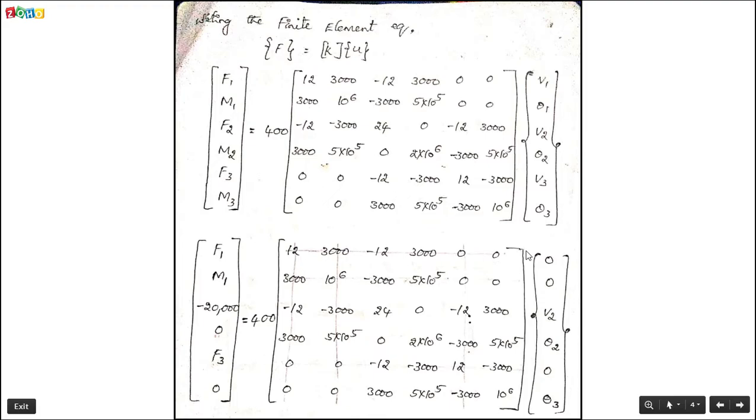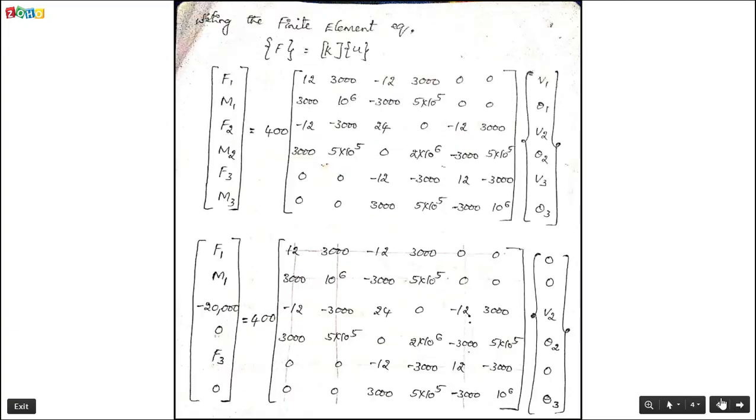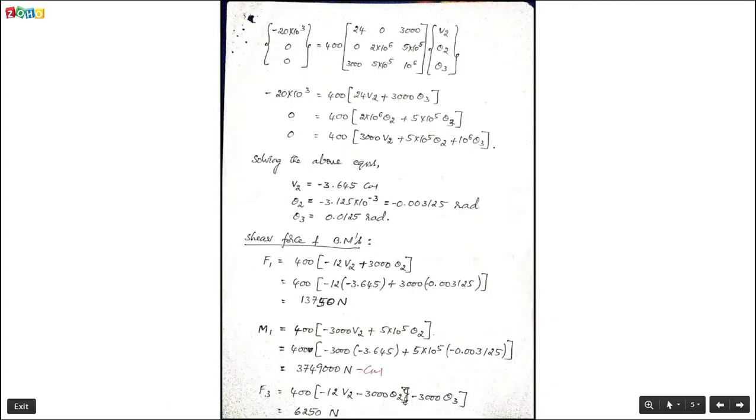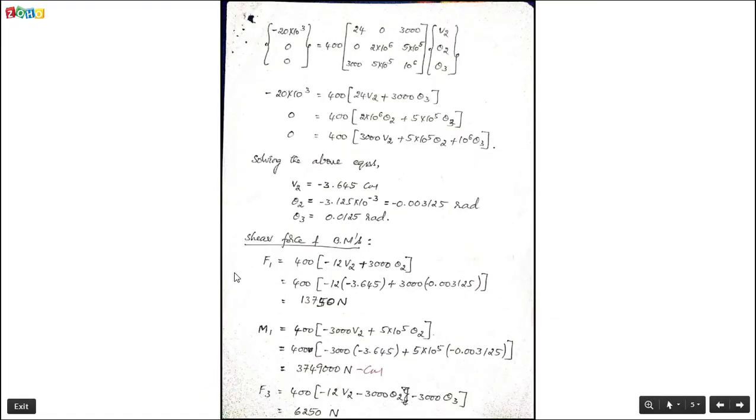So 12 into 0 is 0, 3000 into 0 is 0, minus 12 into V2, so minus 12 V2, and 3000 into theta 2, and 0 into theta 3 is 0. So this is the shear force value. F1 equals 400 minus 12 times V2, which is minus 3.645, plus 3000 times theta 2, which is minus 0.03. Then we get 13,050 newtons.